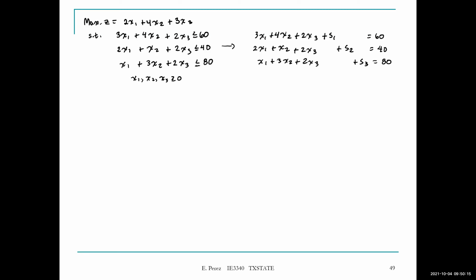So now we have the constraints in standard form. And we have 6 variables now: x1, x2, x3, s1, s2, s3, all of them greater or equal to 0.